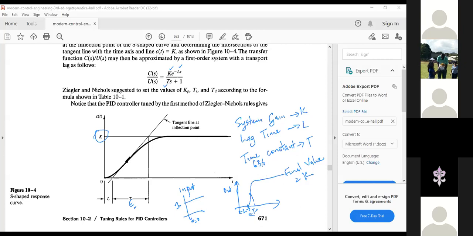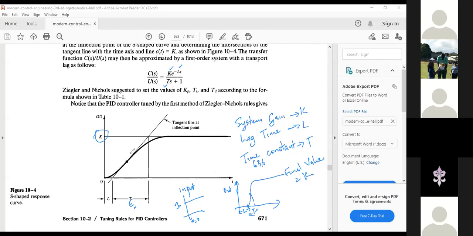Now, this here says it differently. What it says is that you find the line of steepest slope in your graph, and then you draw a tangent to the line of steepest slope.